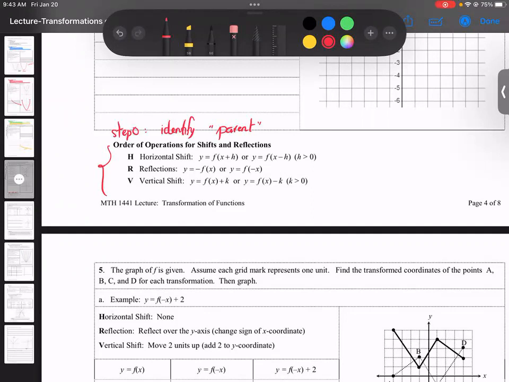You should be able to identify your basic graph, your parent graph. And then step 1, step 2, step 3. So we do horizontal first, and then reflections, and then vertical shift will be last. Vertical shift always last. Always last.